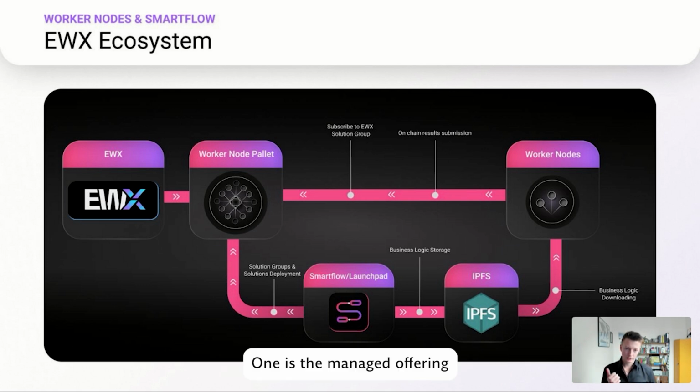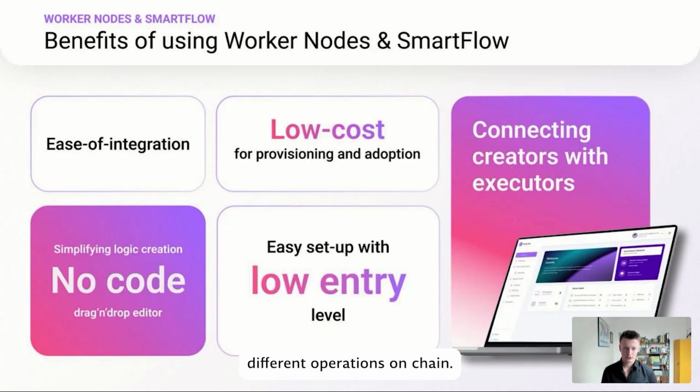One is the managed offering under the Launchpad, and the second is the open source version of the worker nodes that we released pretty recently. So you already have a whole variety of ways to use and manage the worker nodes. Worker nodes are responsible for submitting the solution results, and thanks to the marketplace app, you are able to subscribe to solution groups and manage different operations on chain.